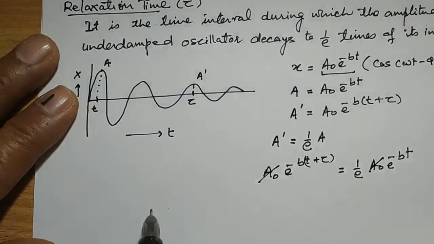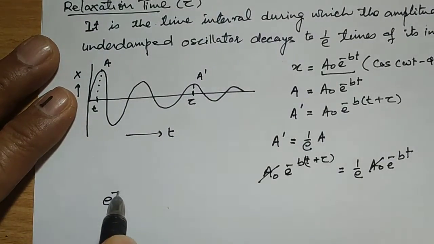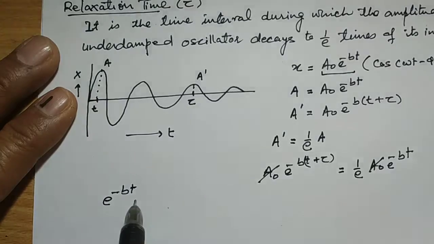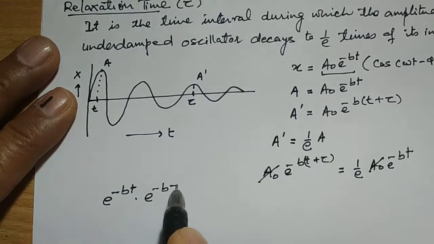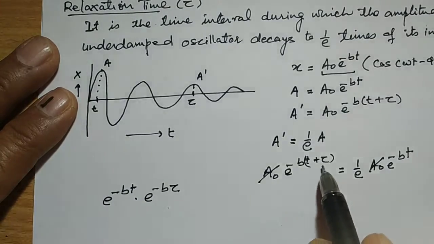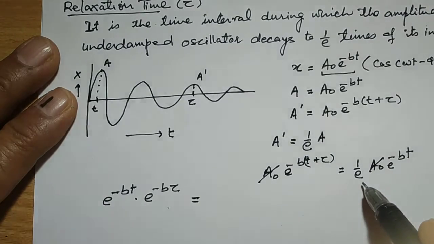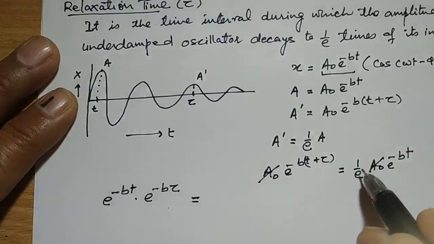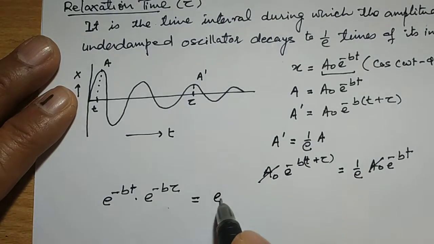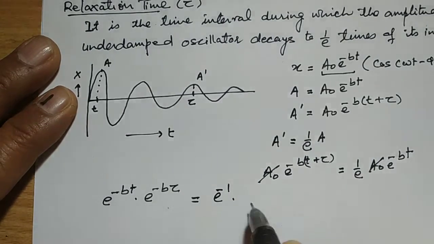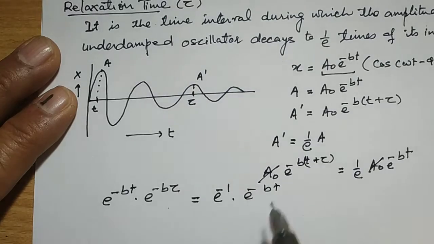This equation can be written as e to the minus bt into e to the minus b tau. We have split the terms here, is equal to, this e is in the denominator, we can take it to the numerator. It becomes e to the minus 1 into e to the minus bt.